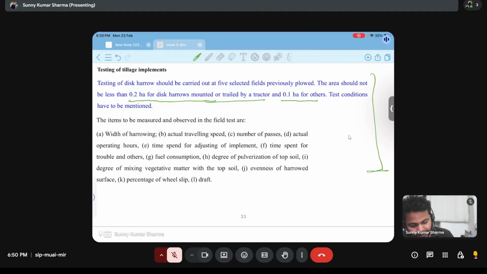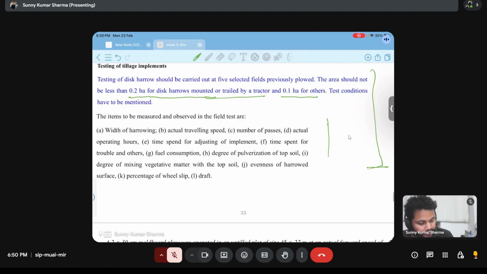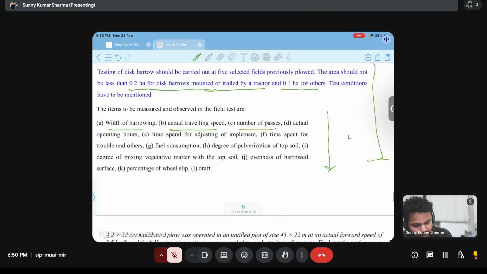So the test conditions have to be mentioned, and the items should be measured. These are the things to be measured while having the test evaluation: width of harrowing, actual travel speed, number of passes, actual operating hours, time spent for adjusting the implement, time spent for travels and others, and fuel consumption.